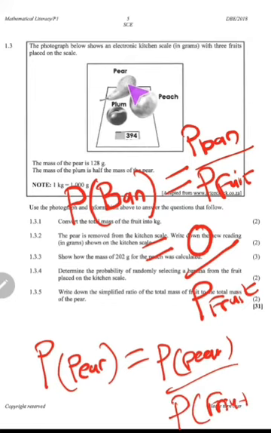There is 1 out of 3 chances because there are only 3 fruits. There's 1 pear among 3 fruits, so the probability would have been 1 over 3. But in our actual question, there are no bananas on the table. So the probability is 0.